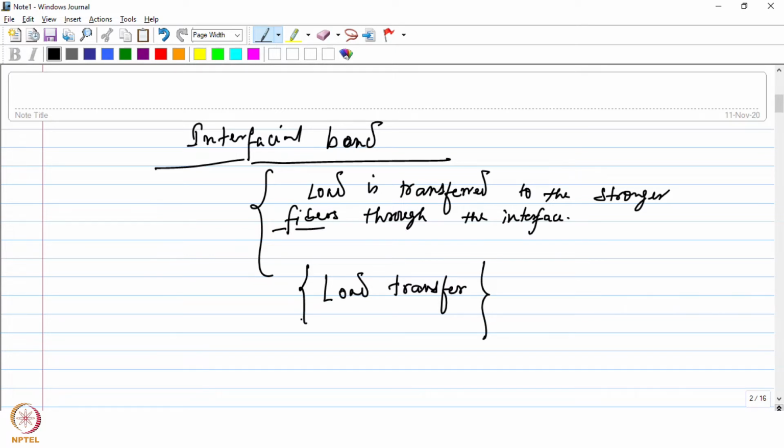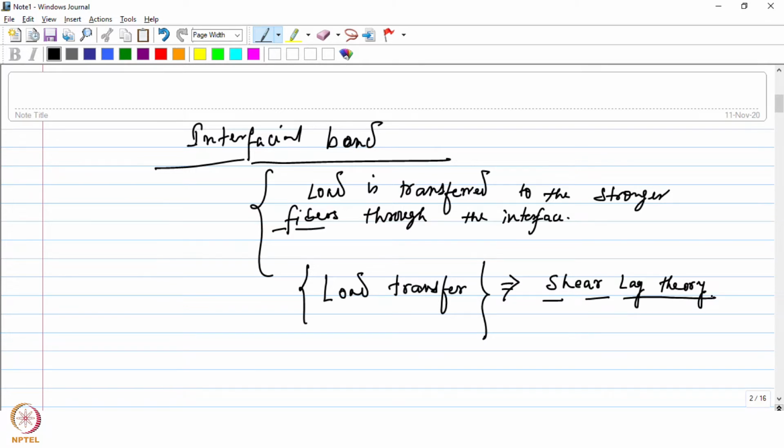So this is the load transfer mechanism, which is also known by this name, shear lag model or shear lag theory.